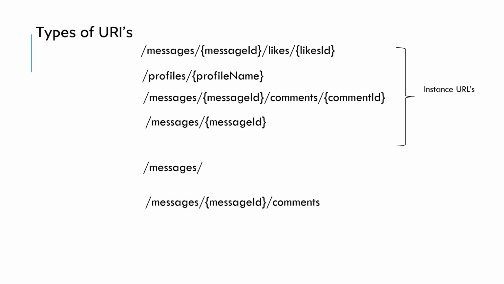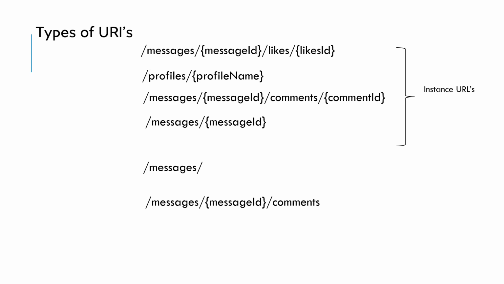So, for example, if you want to see, okay, for this particular message ID, I want to see all the comments. Like this, you can get all the comments. So these are called the collection URIs. Whatever we learned earlier were the instance URLs or URIs where we had the particular ID of the resource and we retrieved based on that.